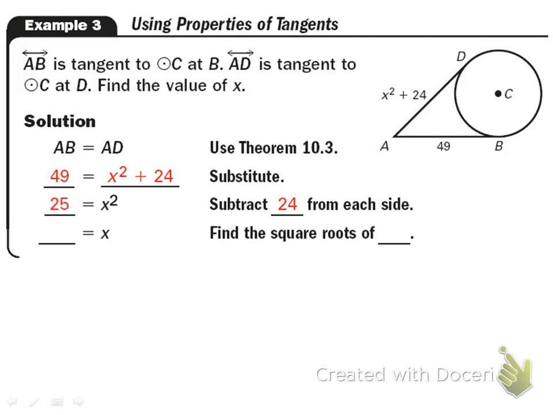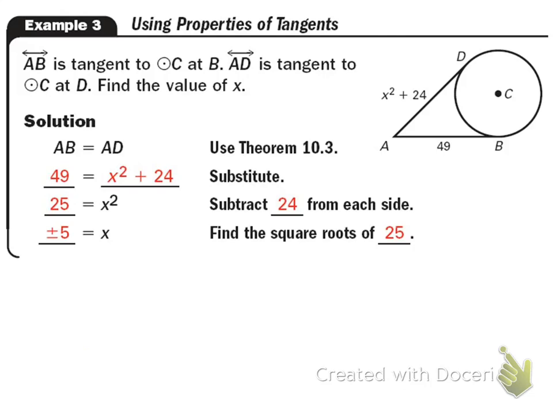Now remember, this question is asking you what number can you square to get 25? Just a positive 5? Or a negative 5. You could square a positive 5 or a negative 5 and get that 25. So this answer is actually both positive 5 and negative 5.